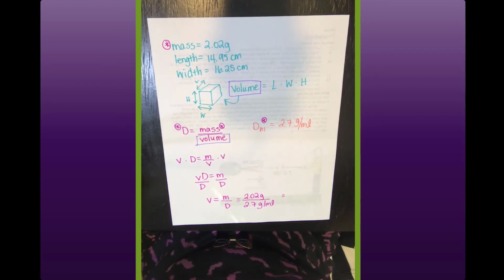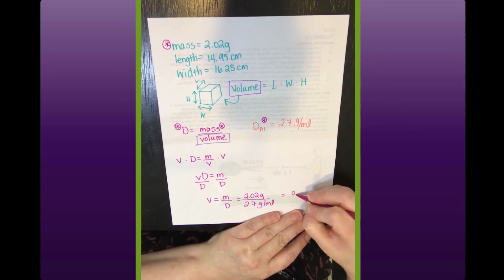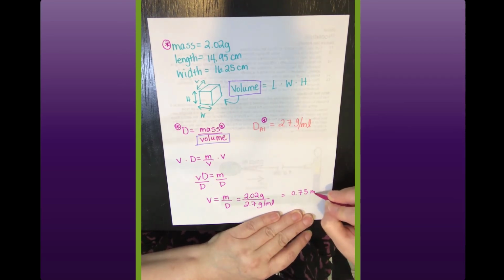So 2.02 divided by 2.7 equals 0.75 milliliters.